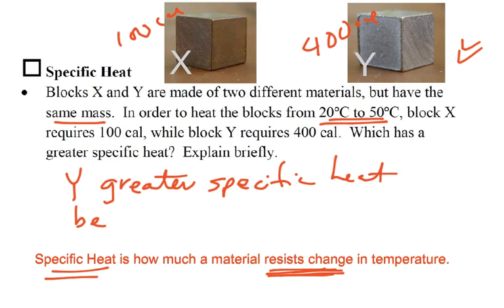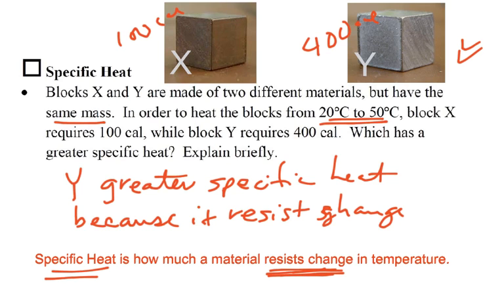Because it resists change greater. It resists change, that's a C. Resists change more. So the more it resists change, the greater the specific heat.